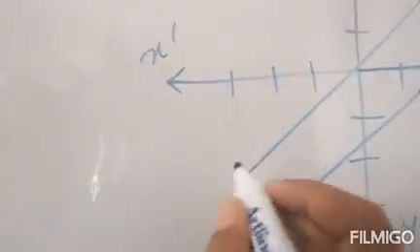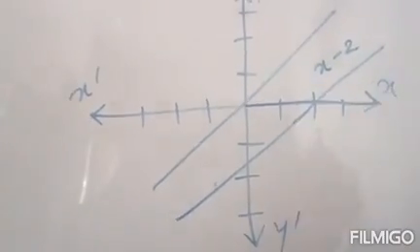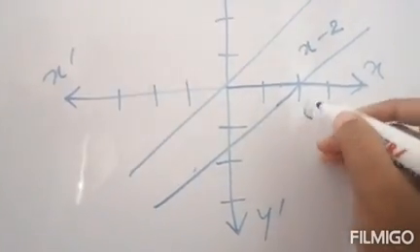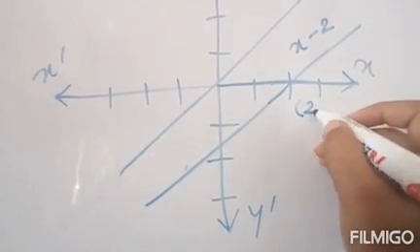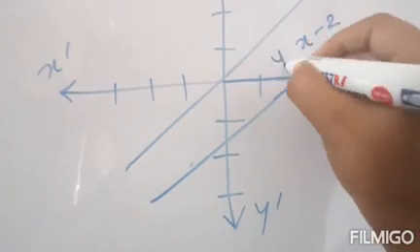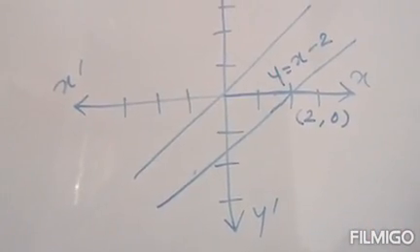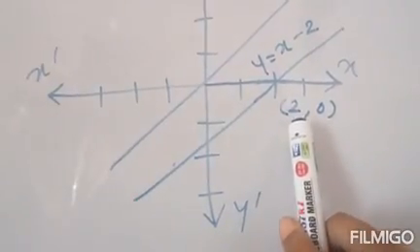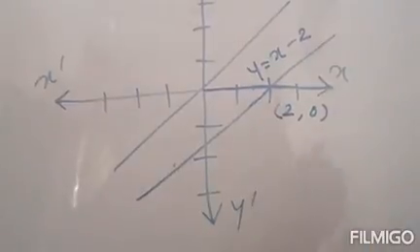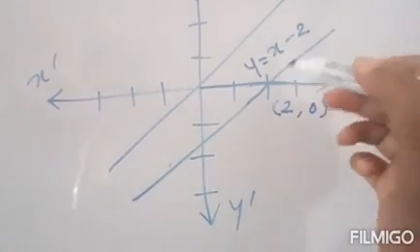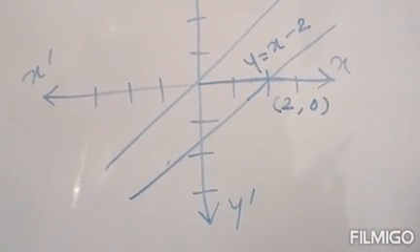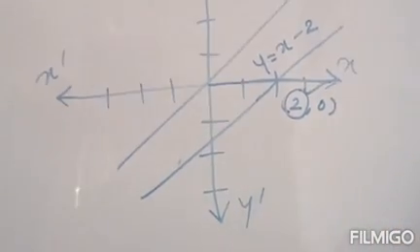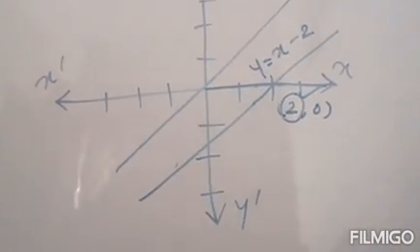Now suppose you see this line is striking the x-axis at this point, which means the coordinate of this point is (2, 0). That means if I substitute the value 2 in this equation, we get the value of the polynomial as 0, right? So this is the zero of the polynomial.